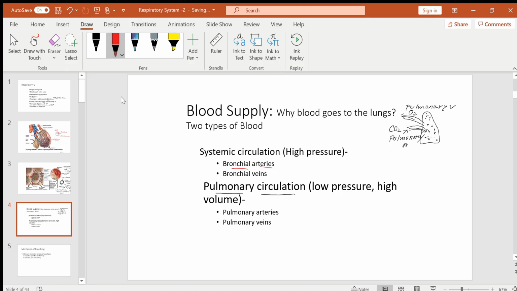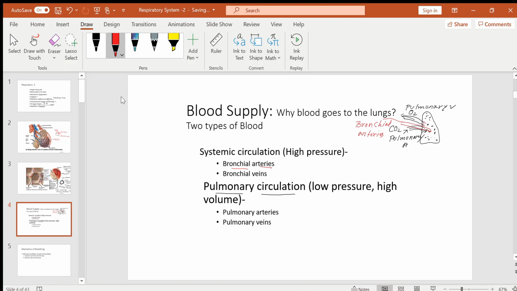So the bronchial arteries take the oxygen and nutrition to the lung. Okay, makes sense.